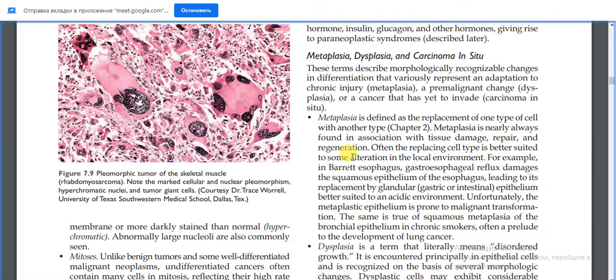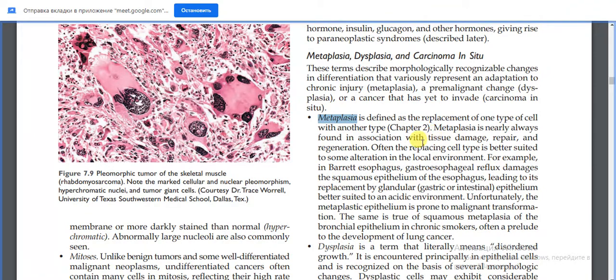Under the chemical influence of the acidic environment which refluxes into the esophagus, the stratified squamous epithelium inside the esophagus changes into columnar epithelia, but these changes affect differentiation. Every time we affect the differentiation, there is a risk of tumor, and that's why metaplasia matters.